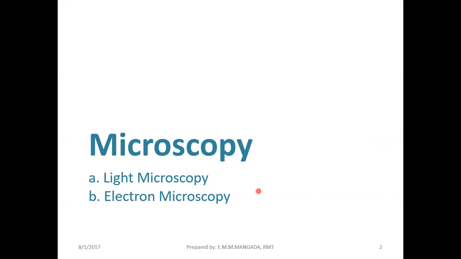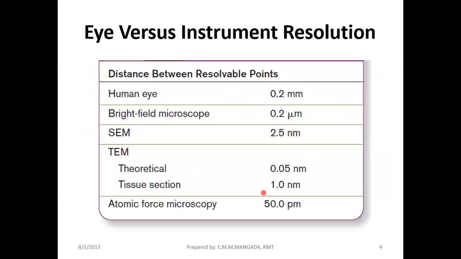And for the electron microscope, we have two: SEM and TEM. Scanning electron scans the surface. Transmission, we're able to examine the inner structures of the cell or of a microorganism.